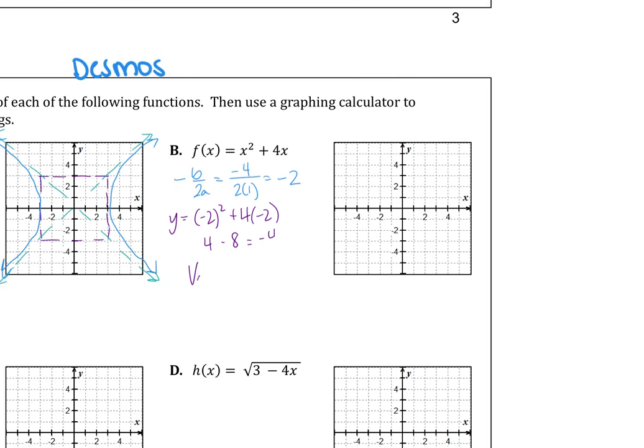So our vertex is at -2, -4. And then from there, because it's a parabola, it's the pattern, up 1 over 1 in both directions, up 4 over 2, both directions. There's our parabola. Domain for a parabola is -∞ to infinity.